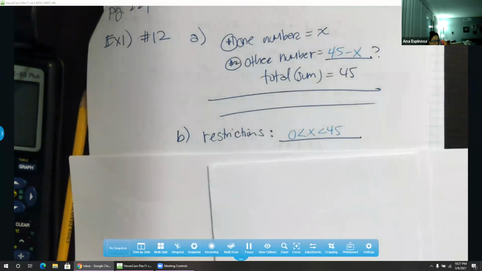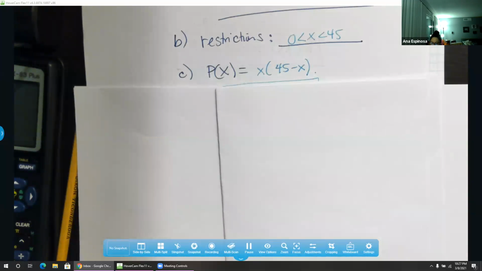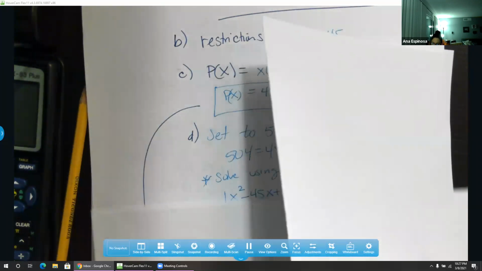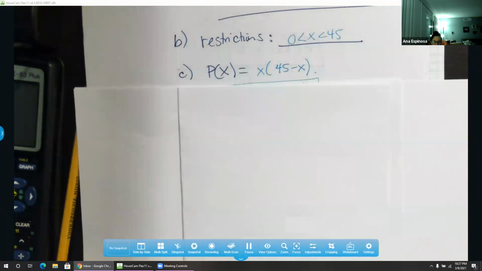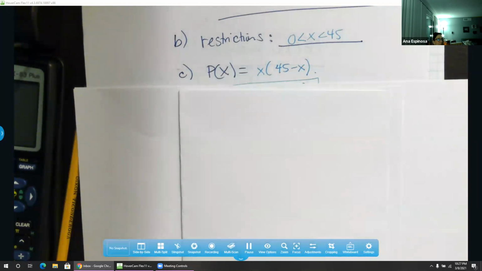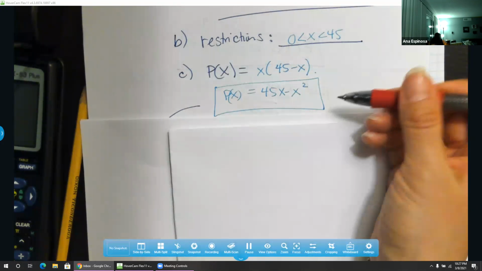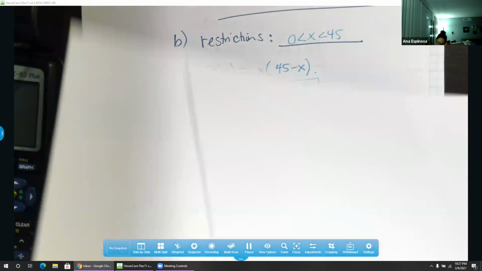The question is, what are the numbers? Well, we know that the area of these two numbers, if I wanted to multiply them, that would be the area. And this would basically give a sad parabola.